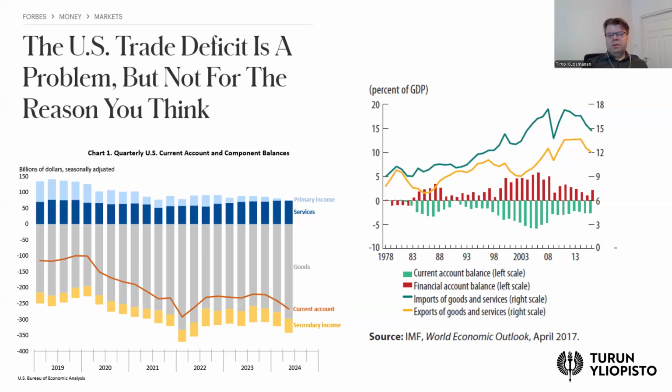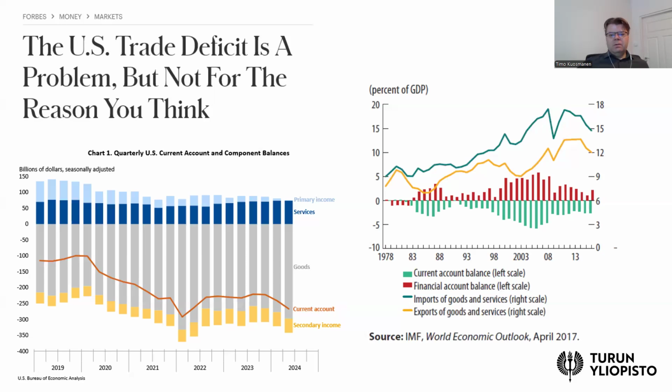And this is already from the late 70s. So this current account deficit has been a fairly long-term phenomenon in the USA, and the question often comes: is this sustainable in the long term, or are we approaching some kind of crisis?